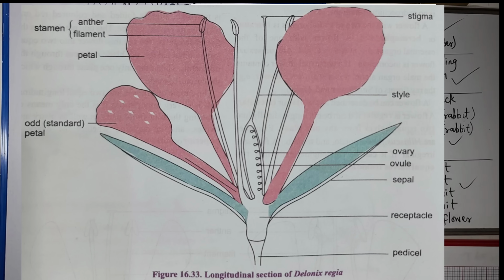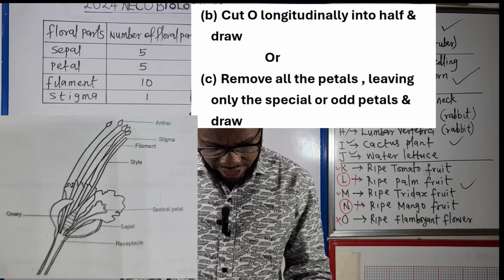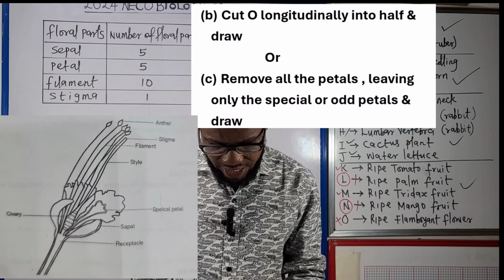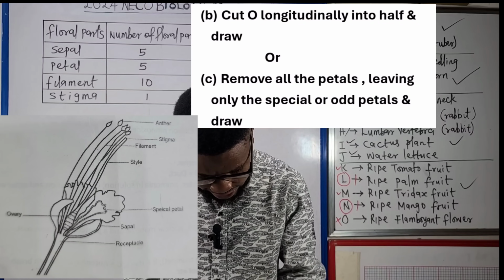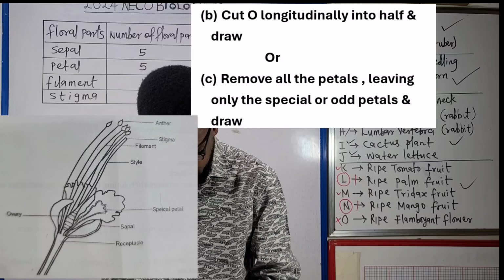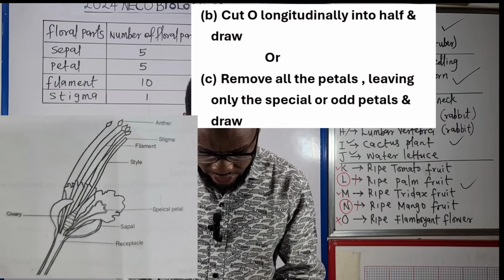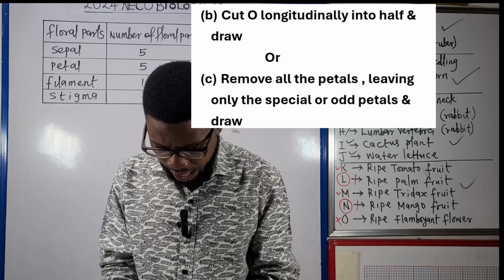So if you are told to cut into half, you cut into half and you draw what you can see. What you should be drawing is exactly what is displaying on your screen as of now. Also, imagine talking about the drawing. You can be told to carefully detach the petals, except the special petal, and make a large labelled drawing 10 to 12 centimeter long of the remaining floral parts.